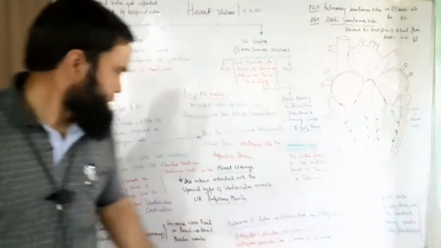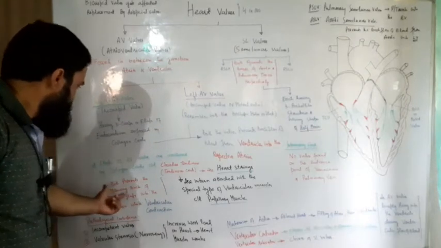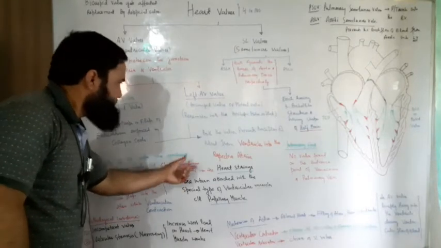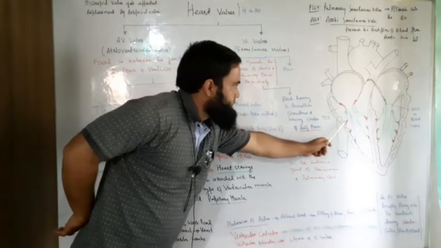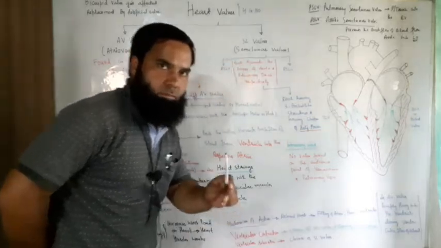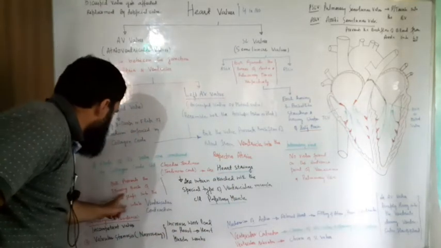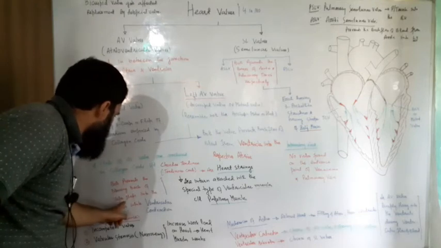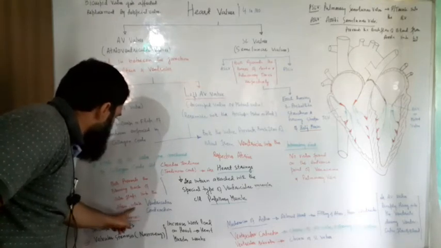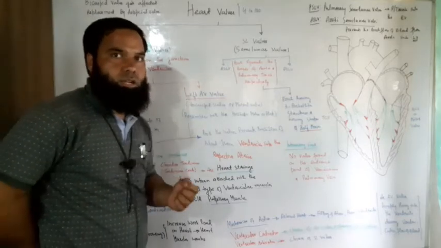Another point is that both the papillary muscles as well as the chordae tendineae are responsible for preventing the ballooning back of the valve flaps into the atria during ventricular contraction.